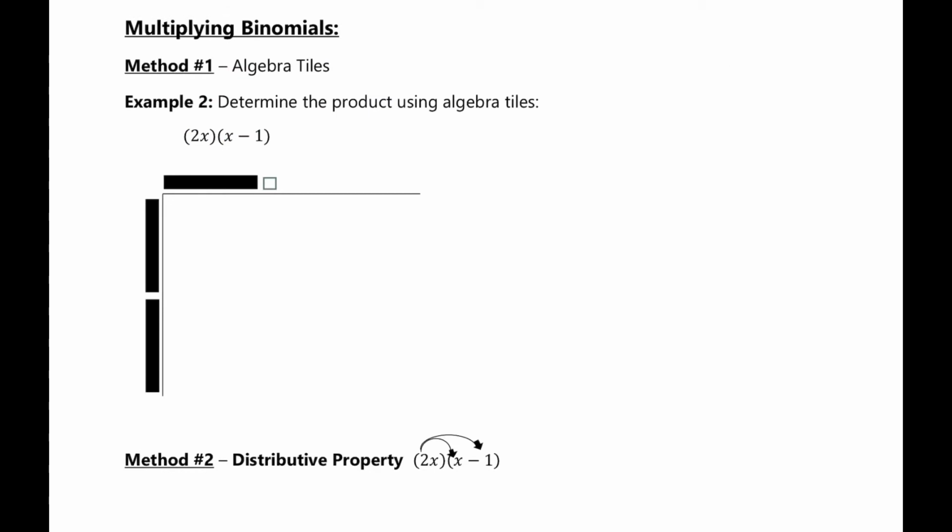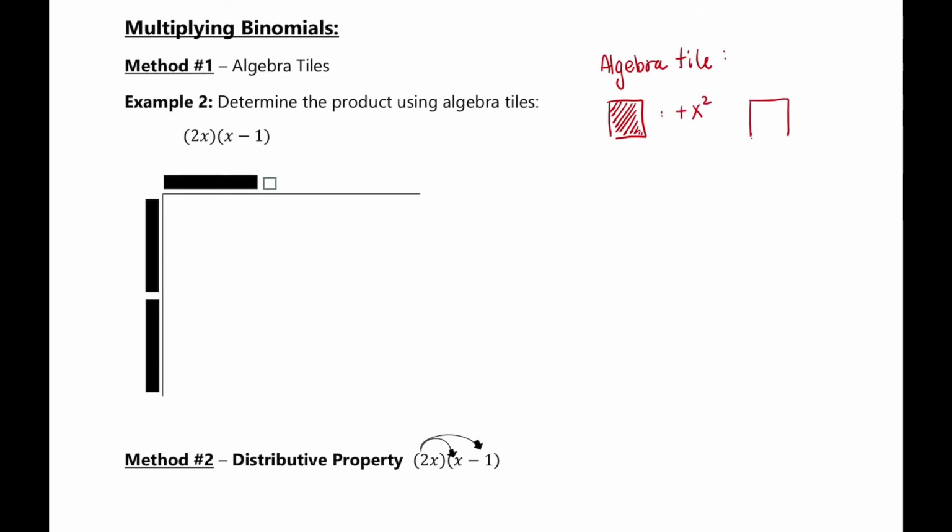Multiplying binomials. Method number 1. We can use algebra tiles. Before we move on to example 2, let's quickly review what algebra tiles are. So we have a filled-in square. This represents positive x squared.